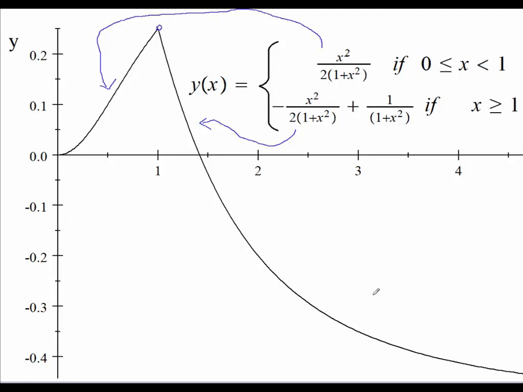All right, so this is a continuous function. Of course, from 0 to 1, it satisfies the given differential equations. On the right of 1, it does, but not on the entire interval 0 to infinity.